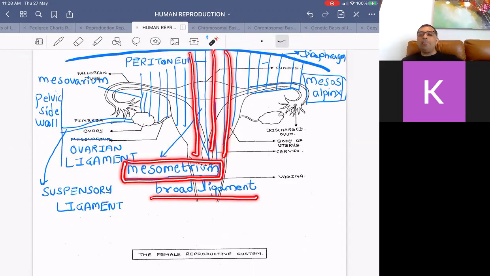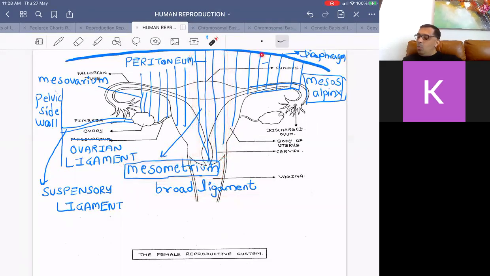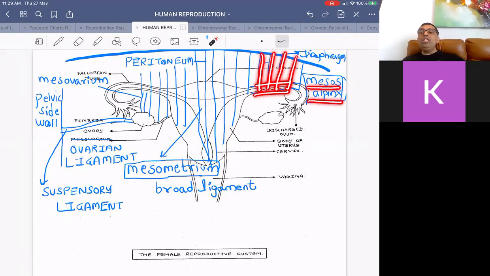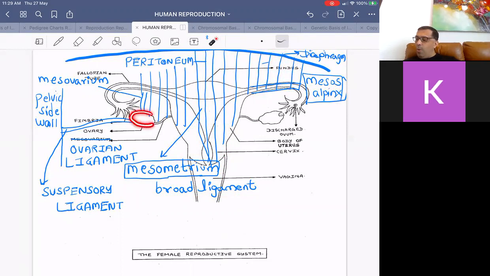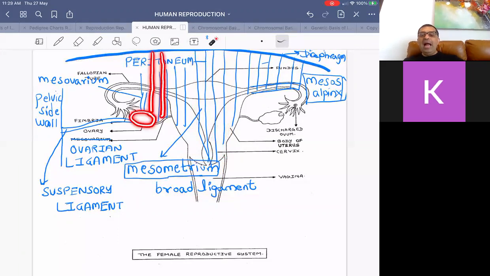So peritoneum supports the uterus with the mesometrium or the broad ligament. Peritoneum also supports the fallopian tube in its position by a covering called the mesosalpinx. And then the peritoneum supports the ovary, and for the ovary there are 3 peritoneal supports.